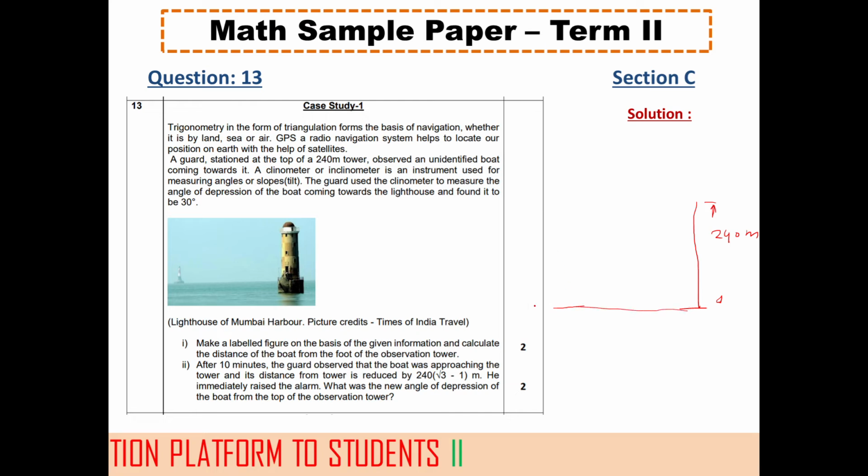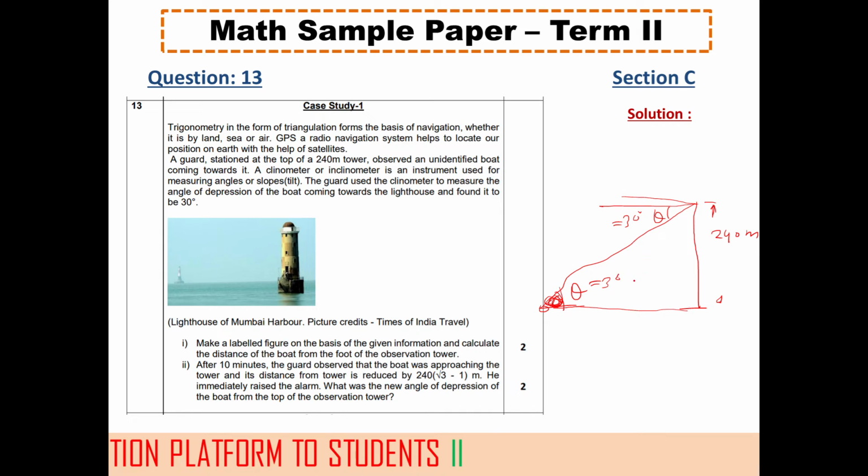If you look from the top of something to the bottom, the angle made is called the angle of depression. So theta equals 30 degrees, and this is also 30 degrees.